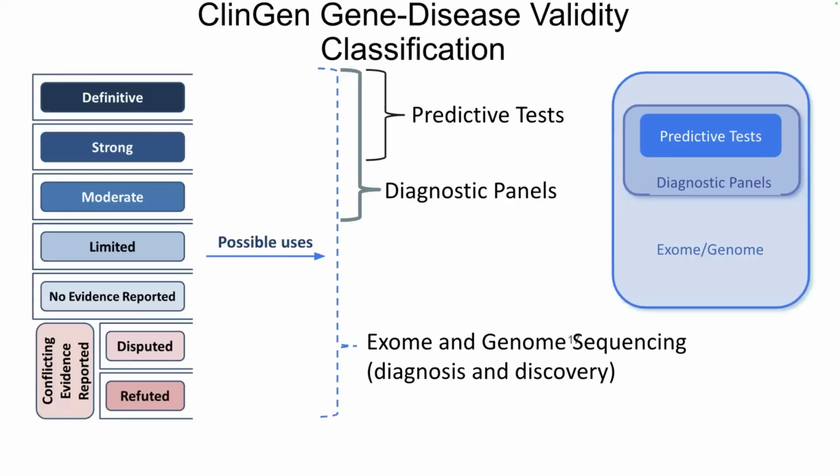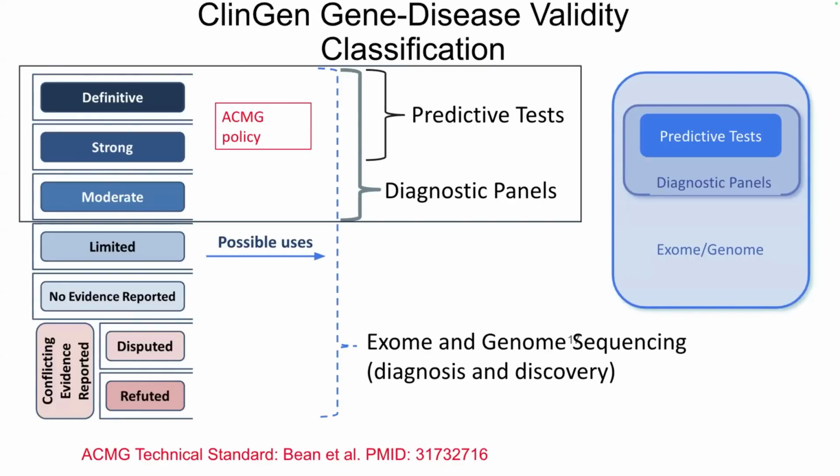Second of all, we engaged professional societies. And so there's actually a policy statement now, a technical standard from the American College of Medical Genetics, that says anything with a ClinGen curation of moderate or above should be included on diagnostic panels. Therefore, this gives everyone the carrot of either look at ClinGen's curations or perform a curation consistent with ClinGen standards so that you can put something on a panel.